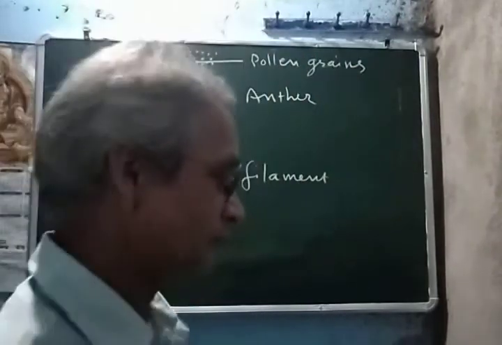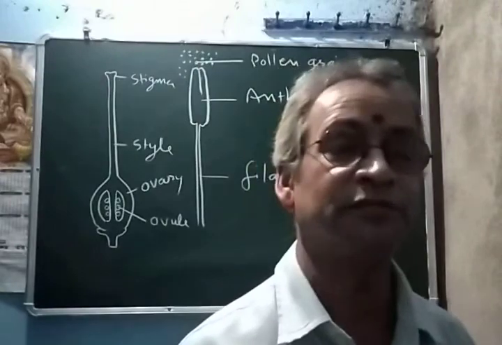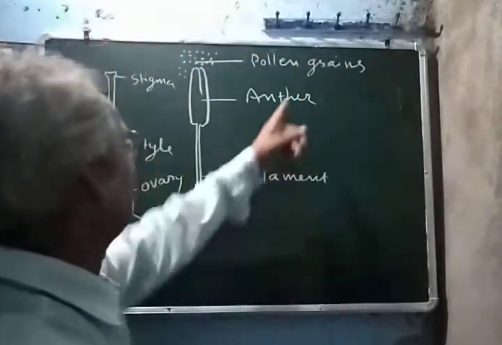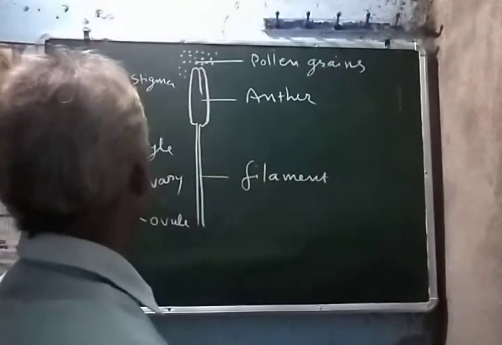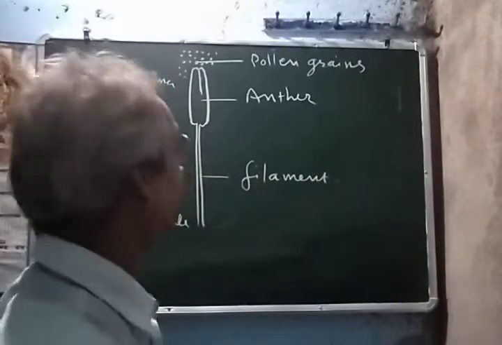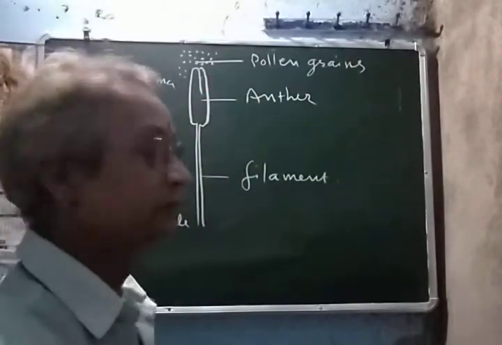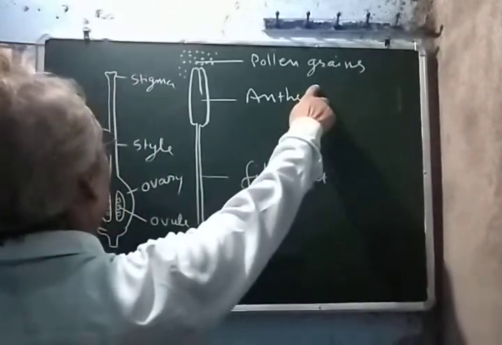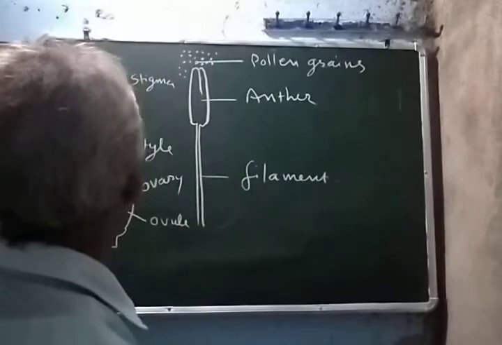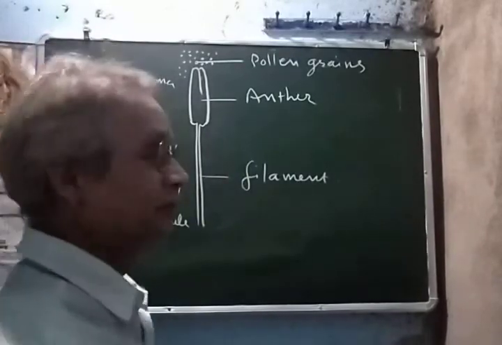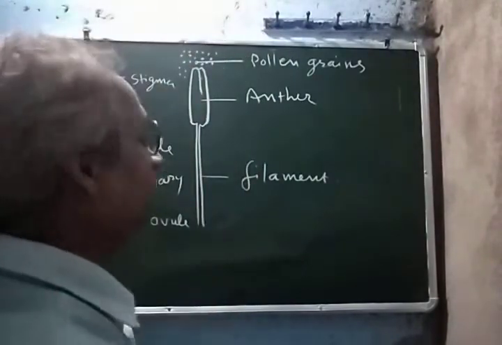After some time, or in favorable conditions, pollen grains are transferred to the gynoecium and reach the stigma. Pollen grains are transferred to the stigma, then germinate upon the stigma.